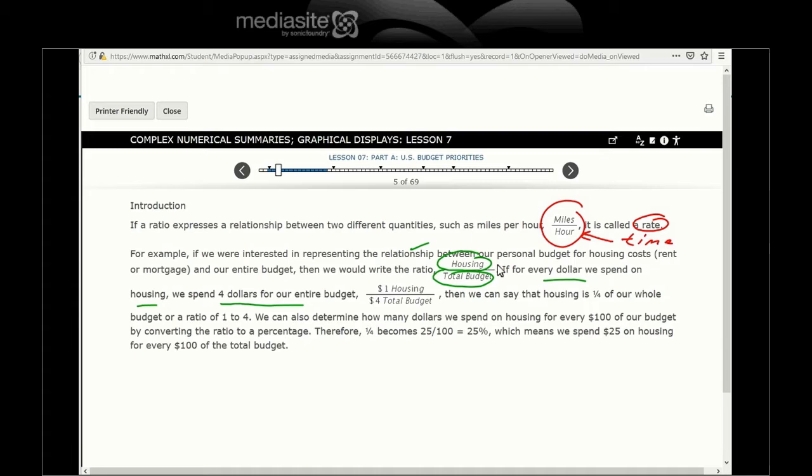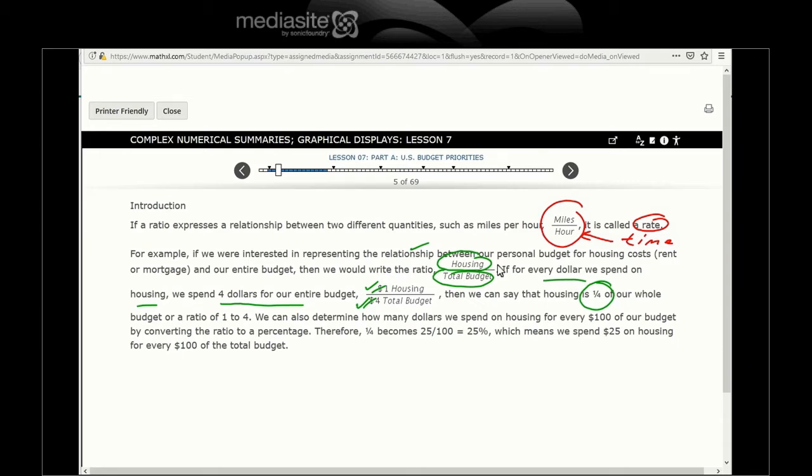We can write it as a ratio of $1 of housing versus $4 of total budget. As the reading says here, that reduces down to 1/4 because the dollar units cancel. Both are budget money, and it's 1/4 of our whole budget, or a ratio of 1:4.